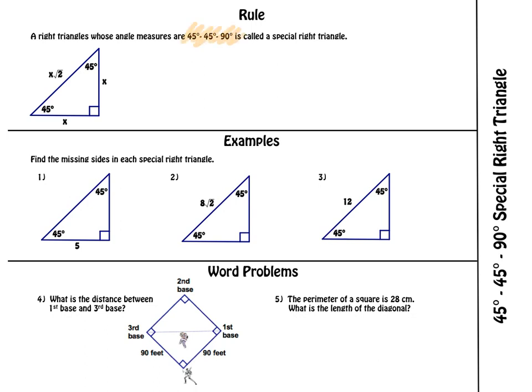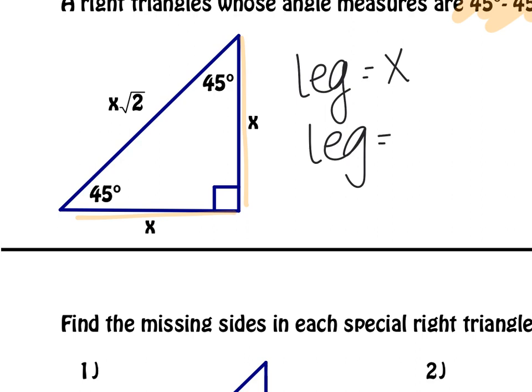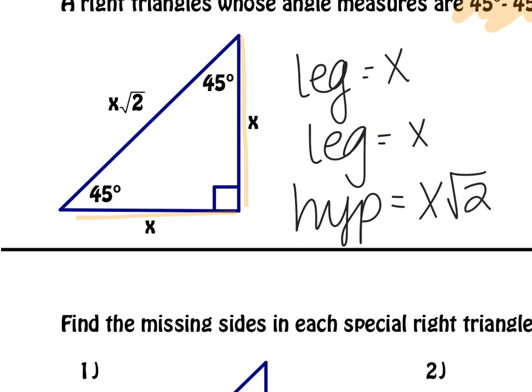The reason I like the 45, 45, 90 right triangles is because the legs are the same length. So the legs, if I know one leg, I have to know the other one because they're the same. And our hypotenuse is whatever x is times the square root of 2. Okay?